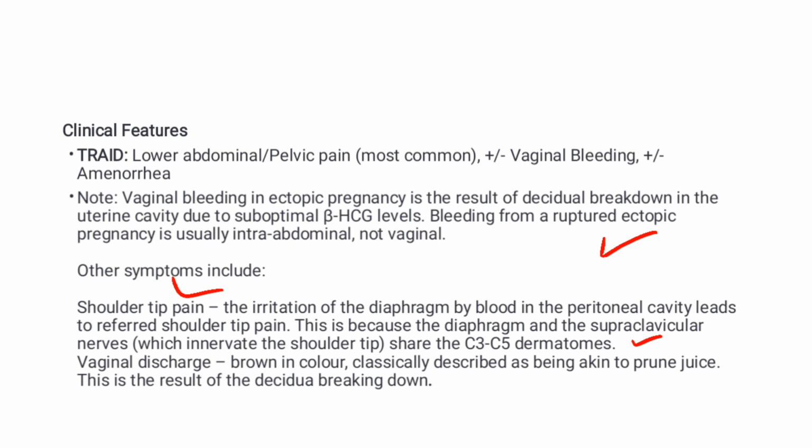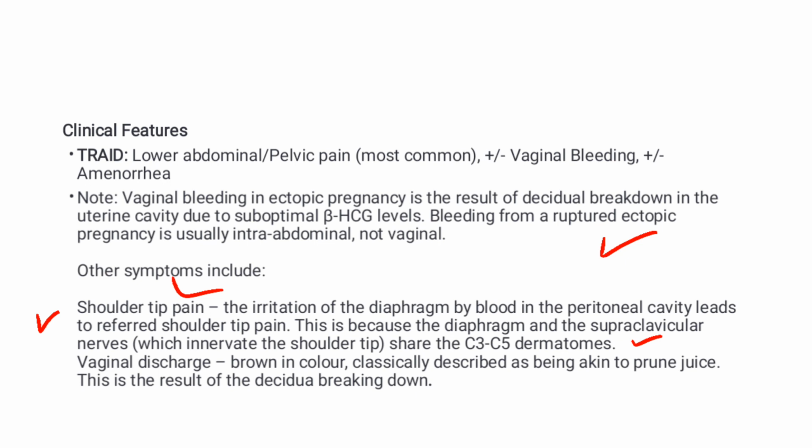Okay, that's the shoulder tip pain. It is very good to remember this because we might even be asked an MCQ where they say the shoulder tip pain is a result of irritation to what, and you may be given some options there.